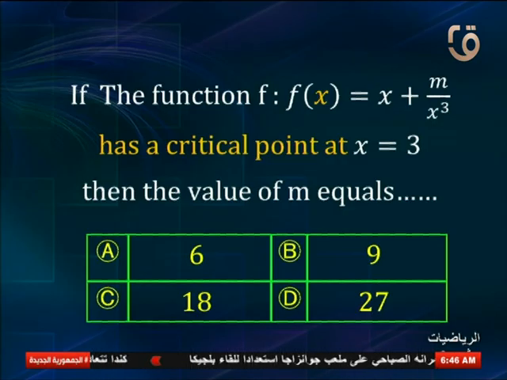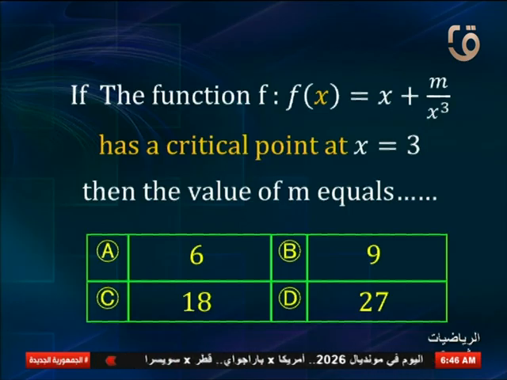My dear student, what do you mean by critical point? Someone says critical point is where the function changes from negative to positive or from positive to negative. That's right? Yes. When we find a critical point, what do you do? Yes, excellent student.